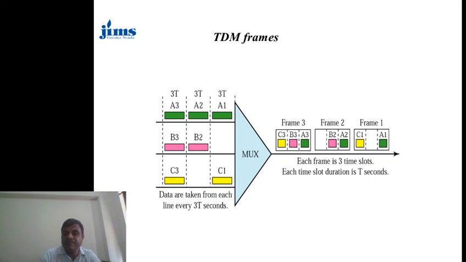It means there is a wastage of time slots, but time slots are equally divided among the users. Each time slot carries at most one data unit, and we combine the data into one frame. This one frame consists of 3 slots, and each slot belongs to a different subscriber, in this case A, B, C.